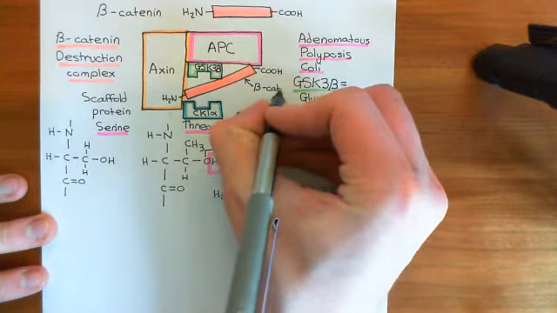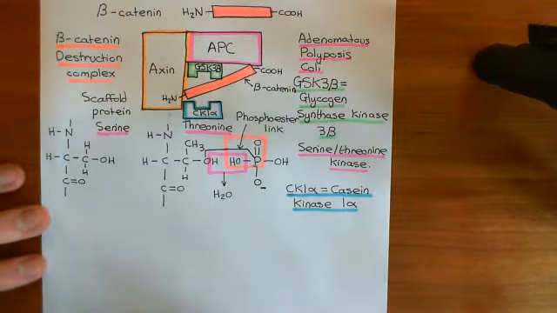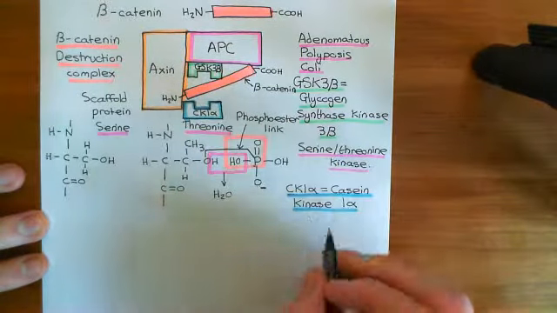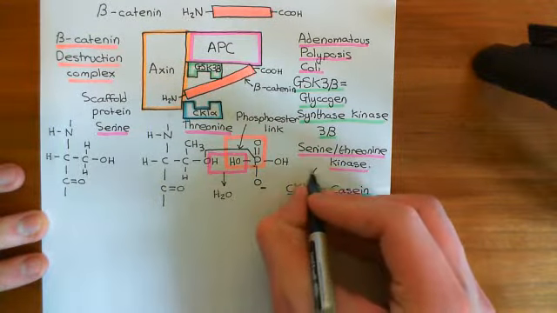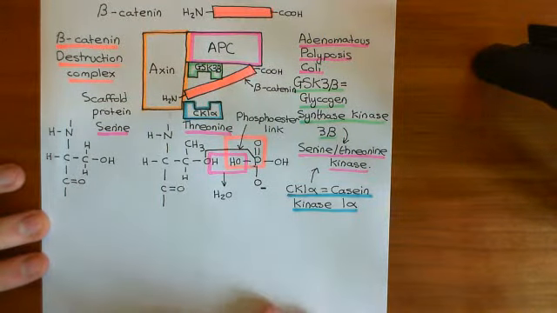So, when the beta-catenin binds to the beta-catenin destruction complex, it's now going to be phosphorylated on serine and threonine residues by our two serine threonine kinases. Oh, and I should have mentioned, casein kinase 1-alpha is also a serine threonine kinase, just as glycogen synthase kinase 3-beta is.